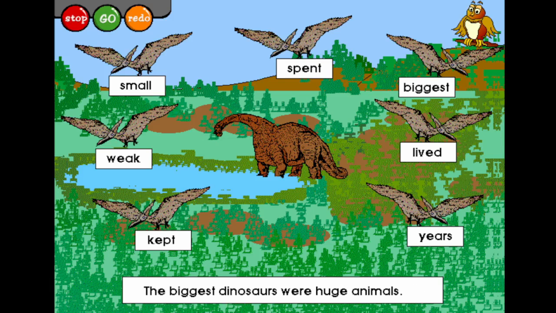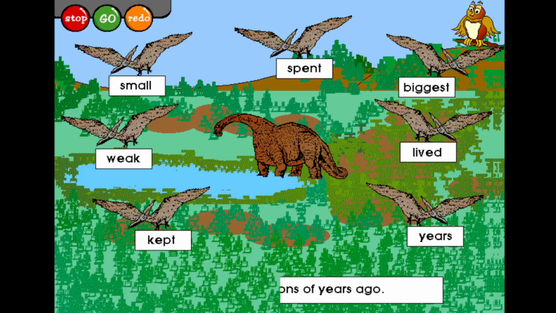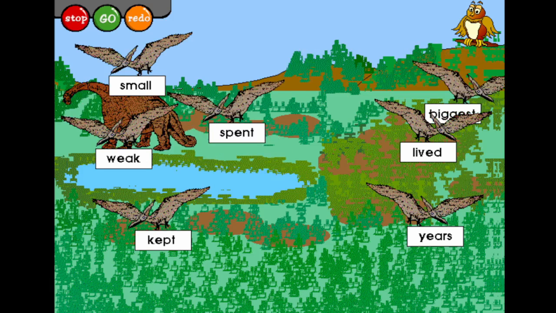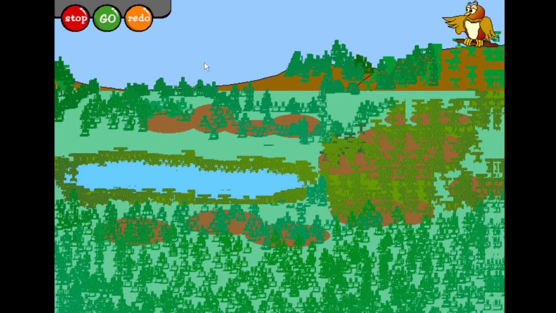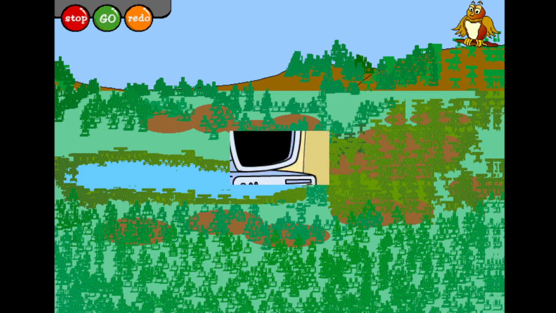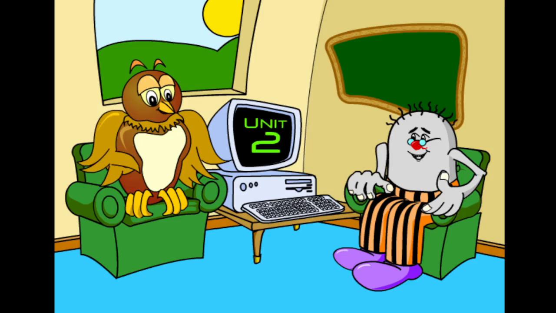Biggest. The biggest dinosaurs were huge animals. Years. Dinosaurs lived millions of years ago. Terrific! Click on Go. First class. How about some more?